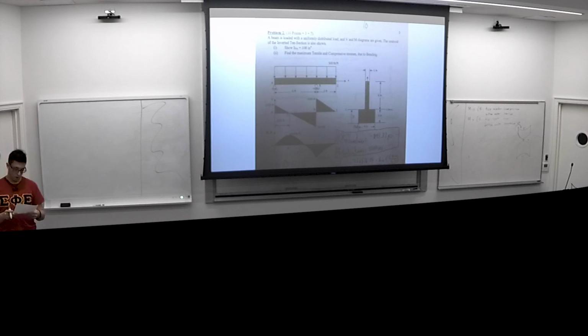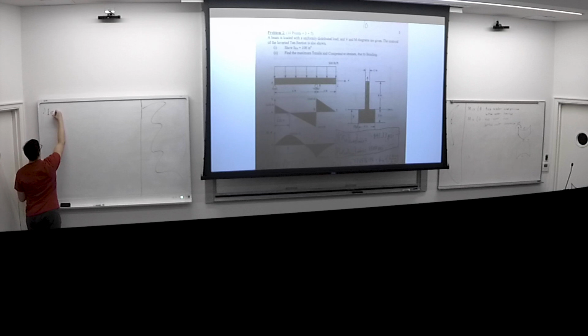So we'll just go through them one by one. The first one I did measured from the top, when the top is under compression. So we're solving for the stress due to the bending moment.